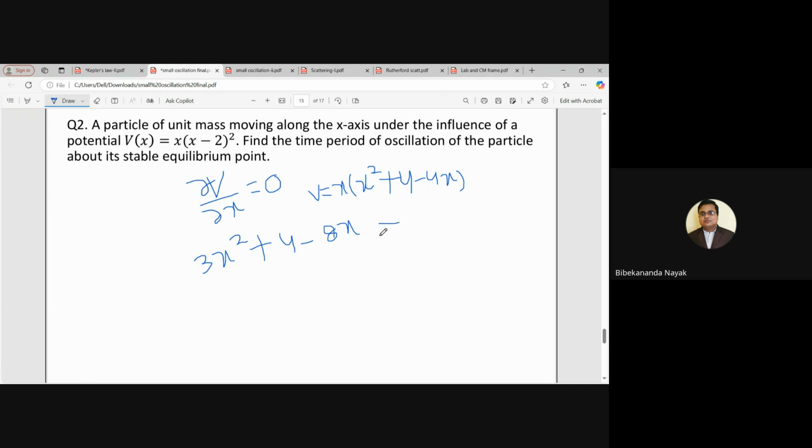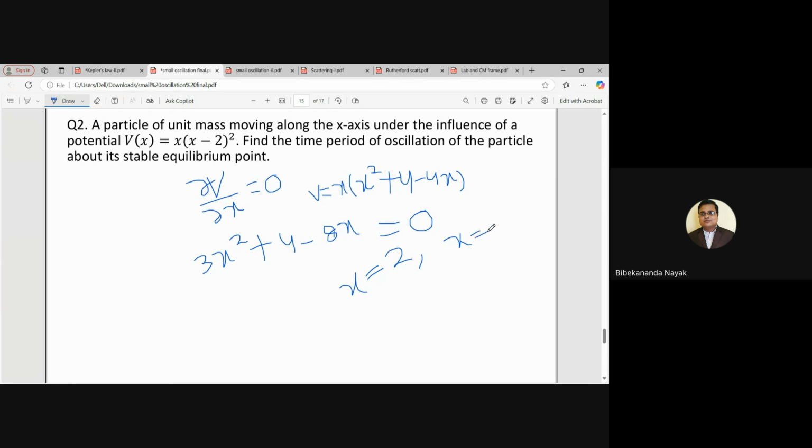How do you get the roots? You know the quadratic equation: x is equal to minus b plus minus root of b square minus 4ac, divided by 2a. So x is equal to 2 and x is equal to 2 by 3. Check it: x is equal to 2, x is equal to 2 by 3. Two roots. So check its second derivative, at which point we get a negative sign.